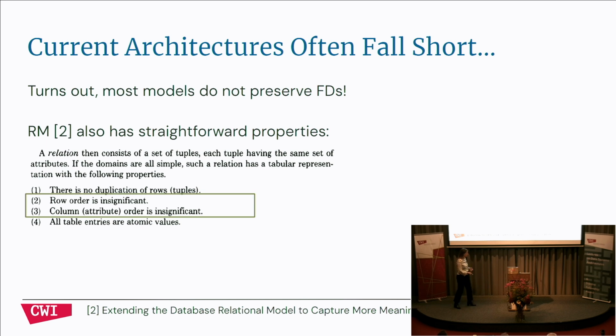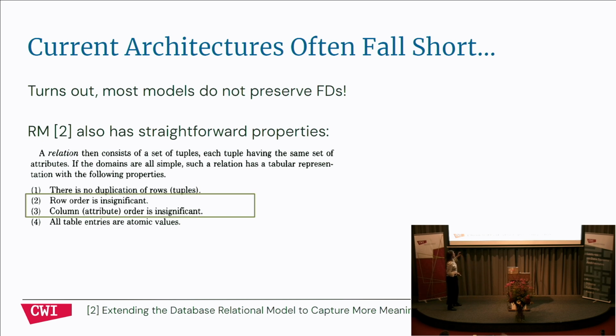It turns out that the way we process the data for these transformer models might not really preserve this property that well, because you just serialize the whole table from a 2D structure to a 1D structure, and then try to learn some patterns there. But if your first row is in an entirely different place in another table, your embeddings shouldn't change because the meaning hasn't changed, because the order is insignificant.